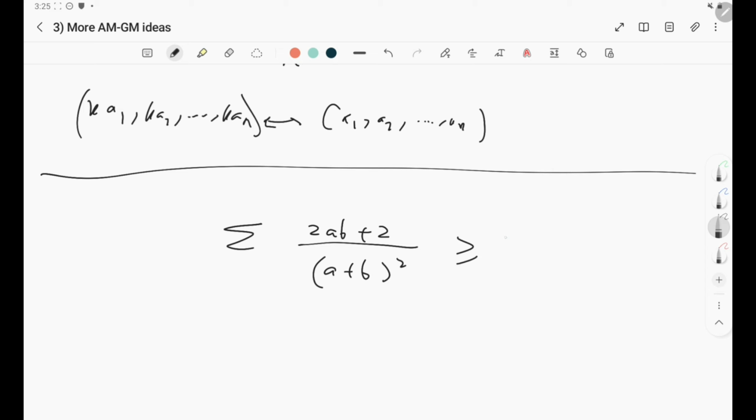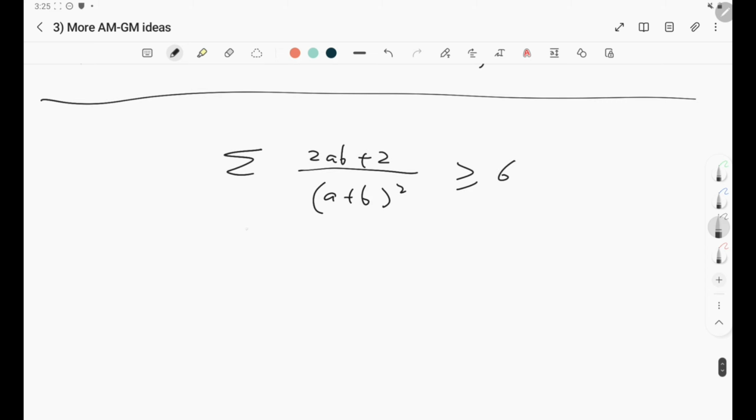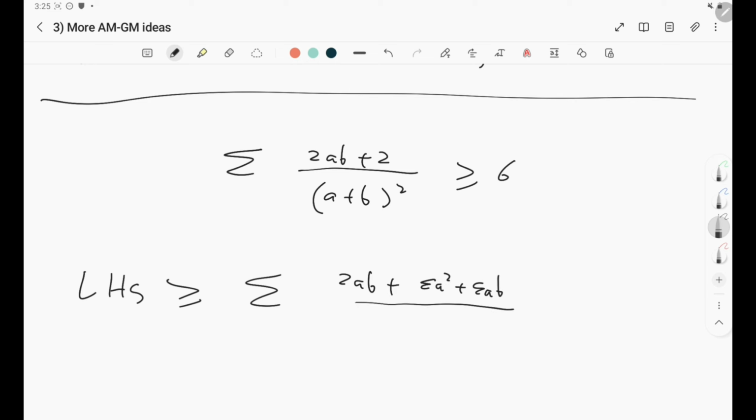And of course, now we multiply by 2 as well, so it's 6. So now remember that the LHS is now greater than sigma 2ab, I will keep it, but 2 I will replace it with sigma a squared plus sigma ab over (a plus b) squared. And of course, our goal is to show that this is greater than or equal to 6.